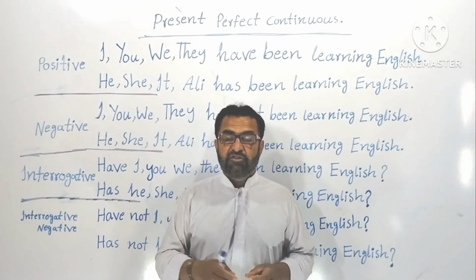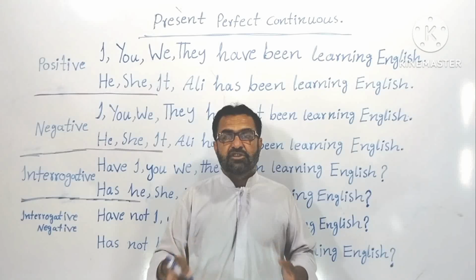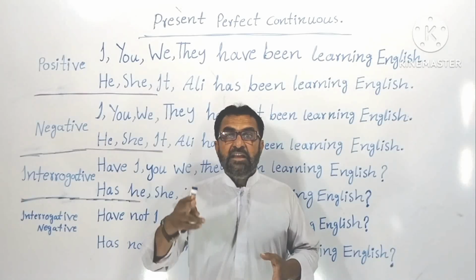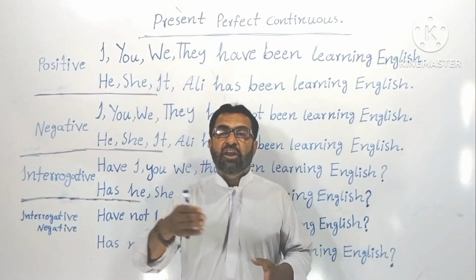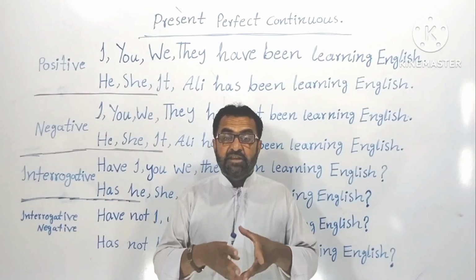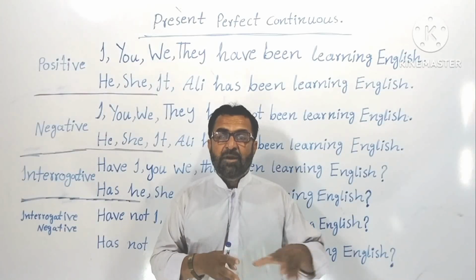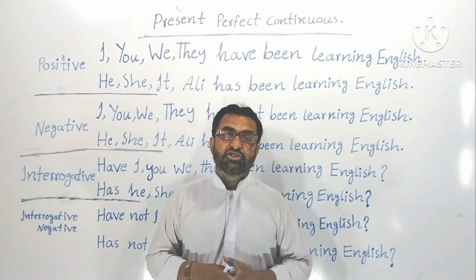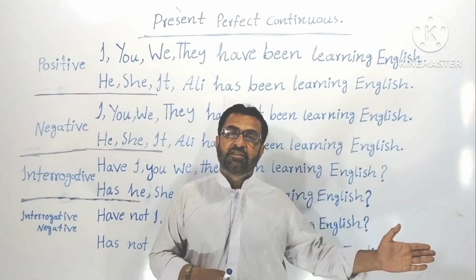In present perfect continuous, the same case applies too: English has been being, or English have been being. And the same thing applies to future perfect continuous: English will have been being.